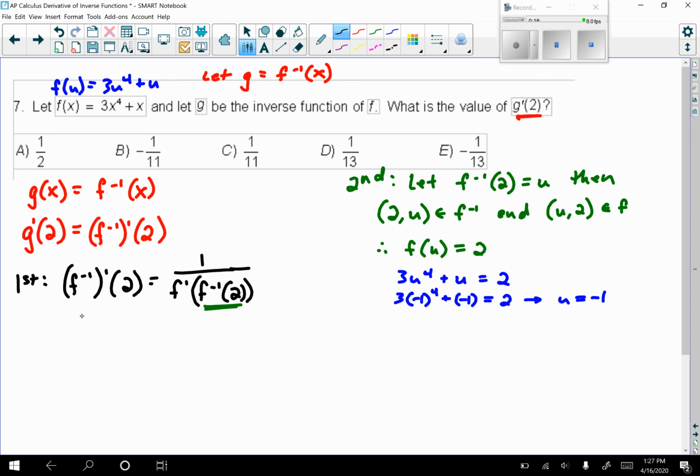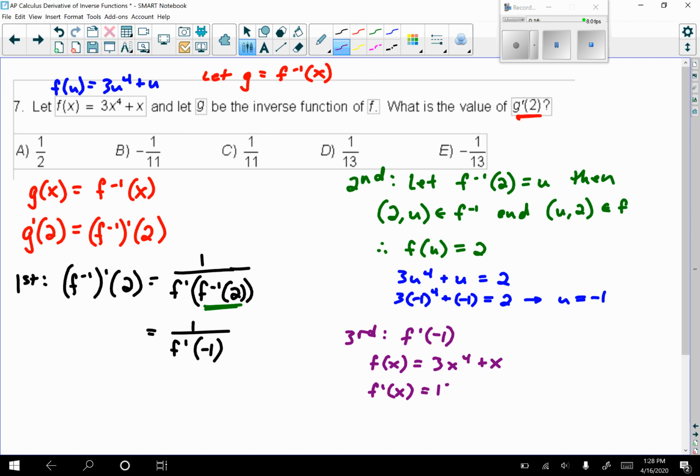So now what I can do is go back over to my first step and write this as 1 over f prime of negative 1. And then step 3 is to figure out what f prime of negative 1 is. So again, f of x is equal to 3x to the fourth plus x. F prime of x is equal to 12x cubed plus 1.